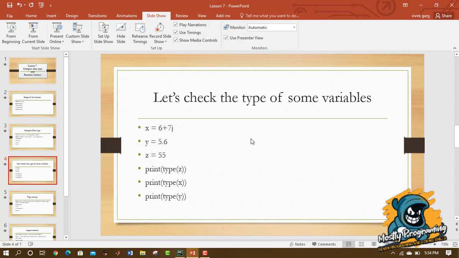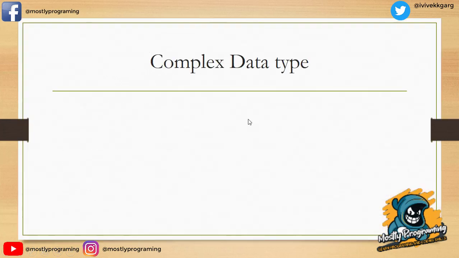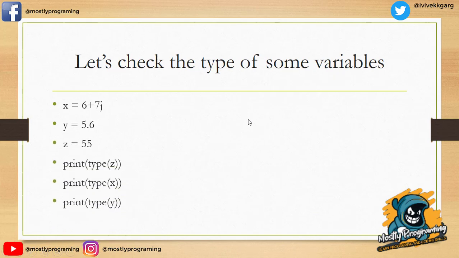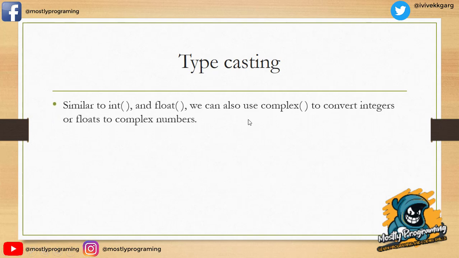Let's go to the PPT again. We have already covered this. We have checked the type of some variables now. And then we have typecasting. Similarly, as we did in the earlier videos itself, we converted an integer to float or float to integer, or an integer to a string or a float to a string.